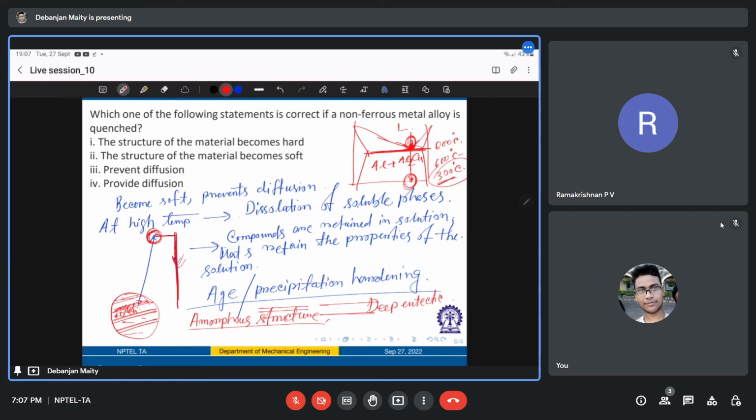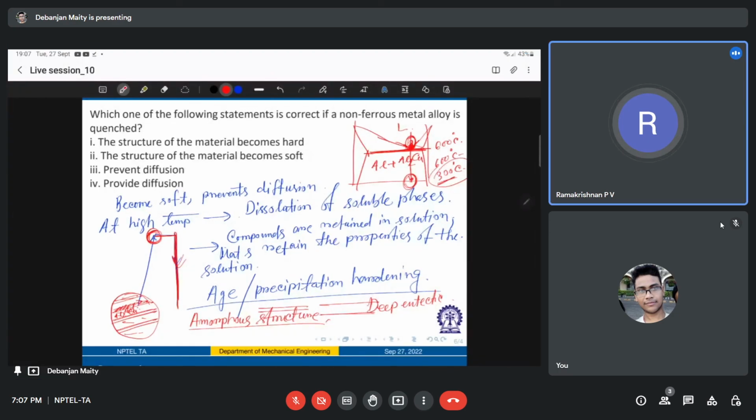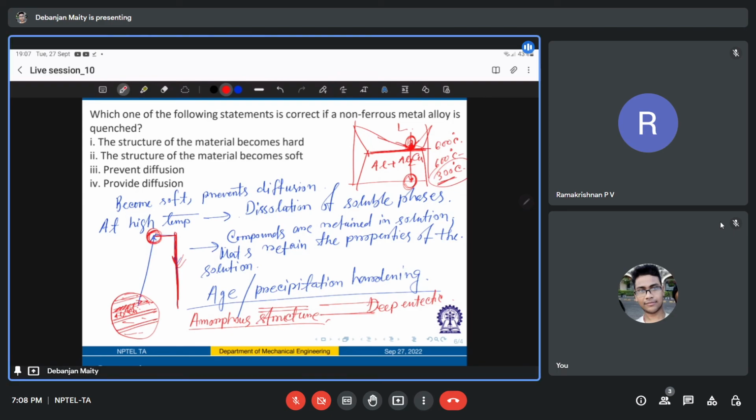There is no difference between liquid and glass form. You are not giving time for diffusion.